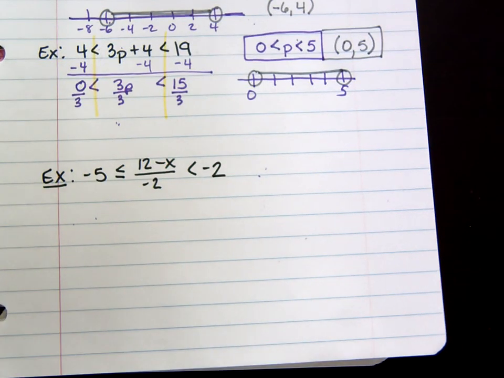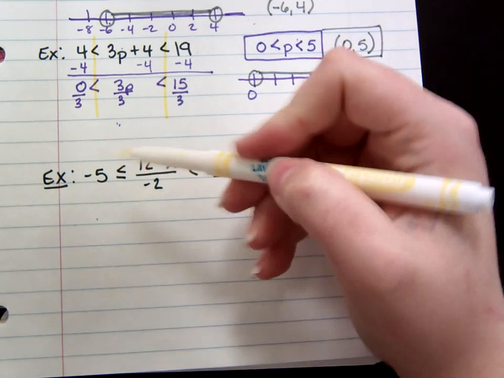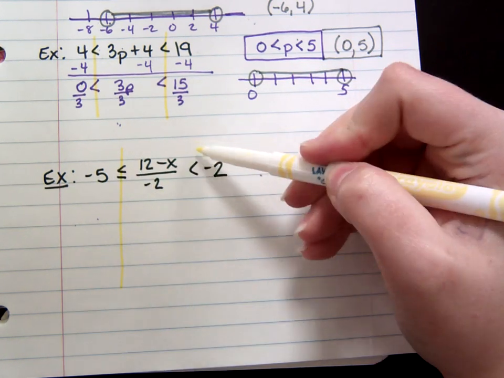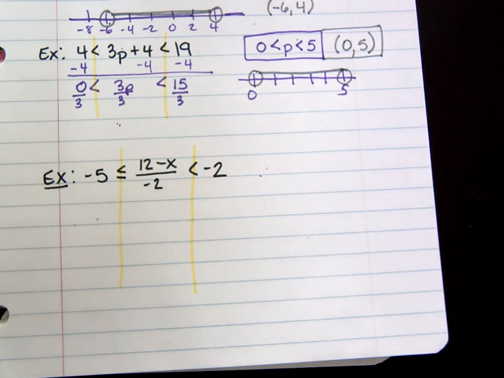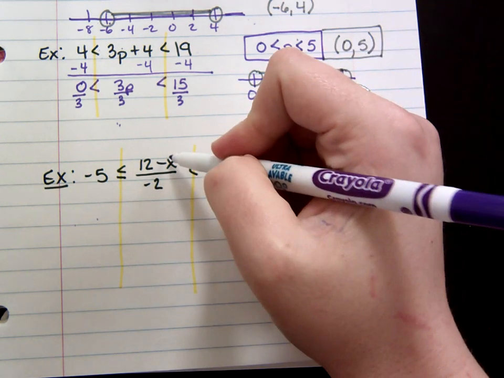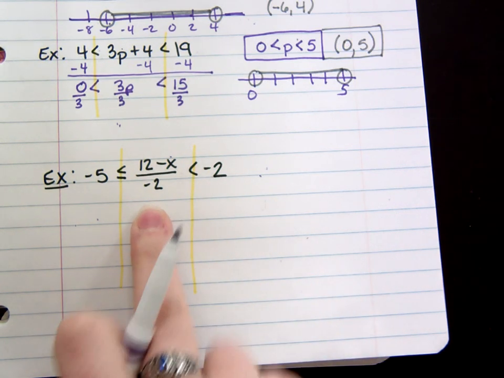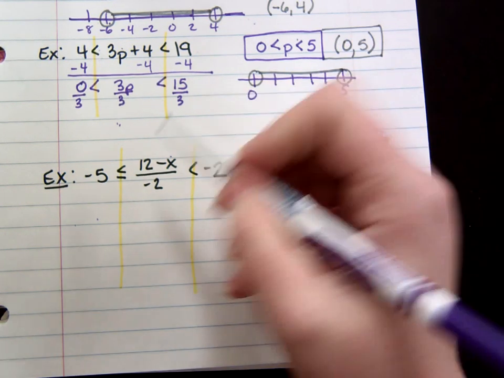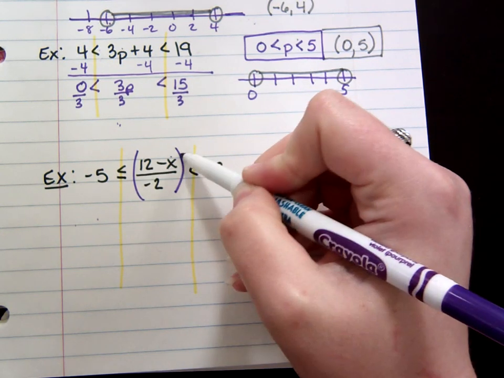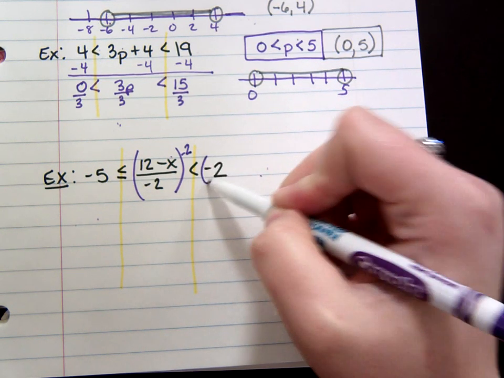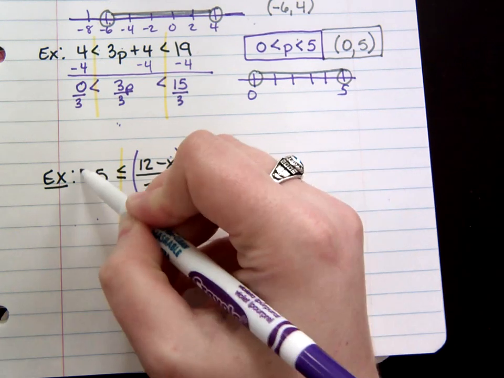Last example. So just like before, if it helps, you can kind of separate them into sections. But just like before, what you're trying to do is get your variable by itself in the middle piece. So with this, the first step in doing that is to multiply by -2. I do that on the right side and the left side as well.